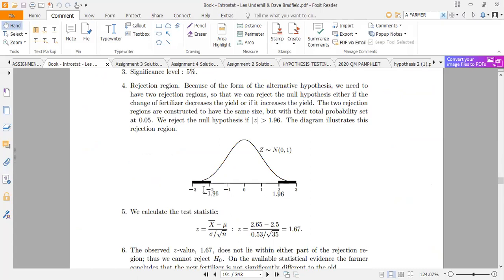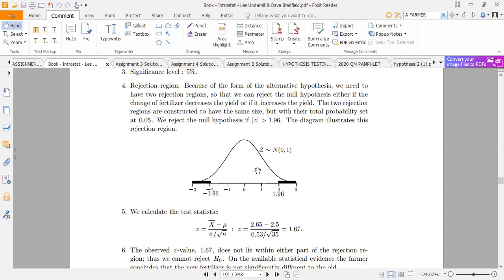The 1.96 will be negative this side and positive this side. It's coming from a critical value of 5%. So we are going to reject our null hypothesis if our Z calculated is greater than 1.96. Whenever I put this critical value here, it means on both sides, whether it's negative or positive, we're rejecting.